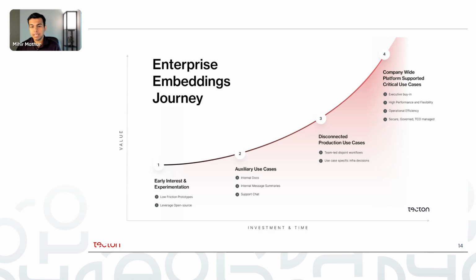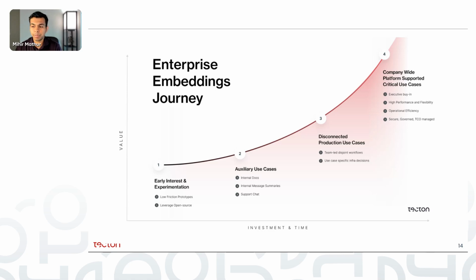And then finally, the stage that we're seeing the leading tech companies be at is company-wide platform-supported critical use cases. That's where the central ML or AI platform teams recognize that there are several teams working on embeddings-related use cases, and they get the executive buy-in to build a high-performant and flexible system.